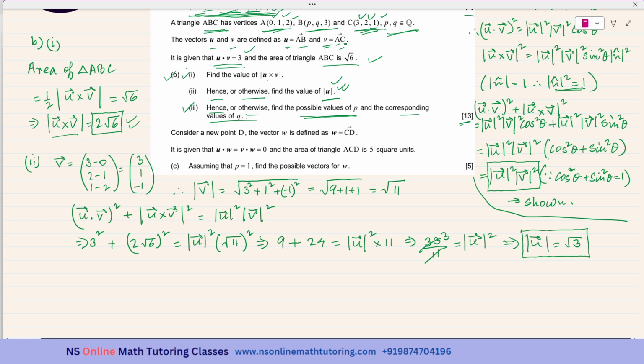And since we have to get the values of P and Q, first of all, let us get the U vector, because the U vector will be containing P and Q, because U is AB. Okay. So, let us first of all get the U vector. It is AB, so P minus 0, and Q minus 1, and 3 minus 2.